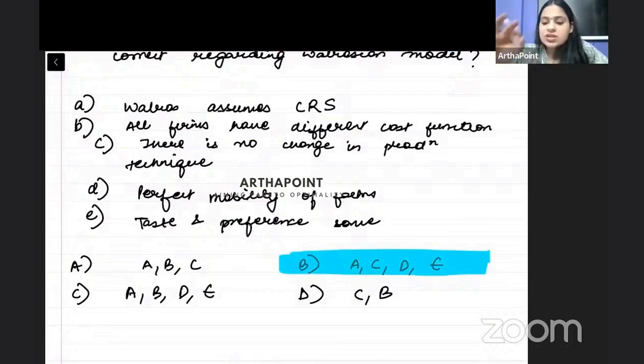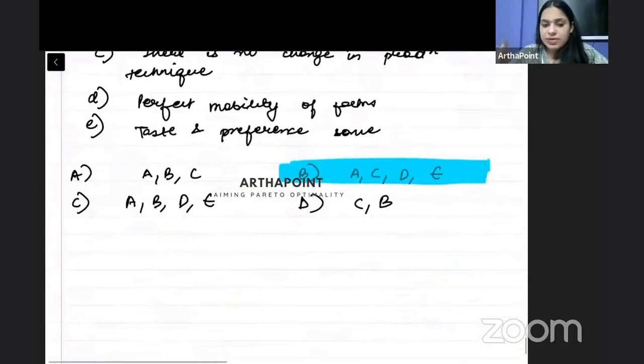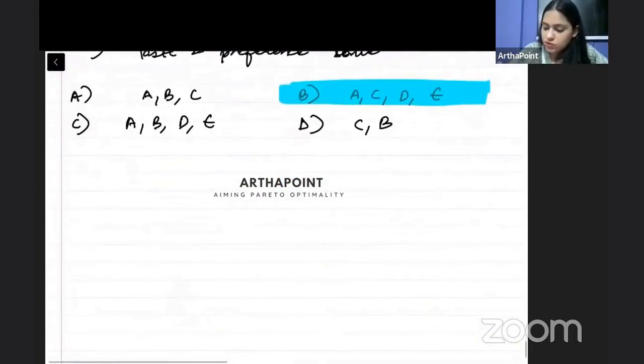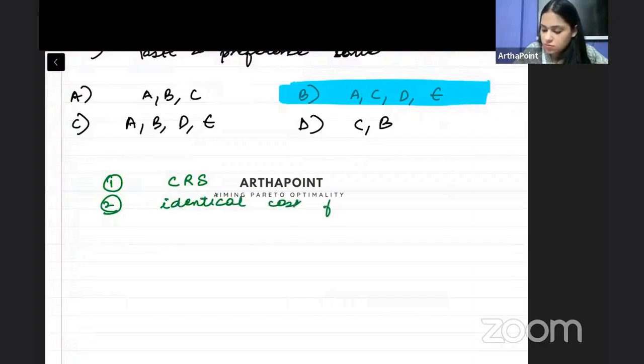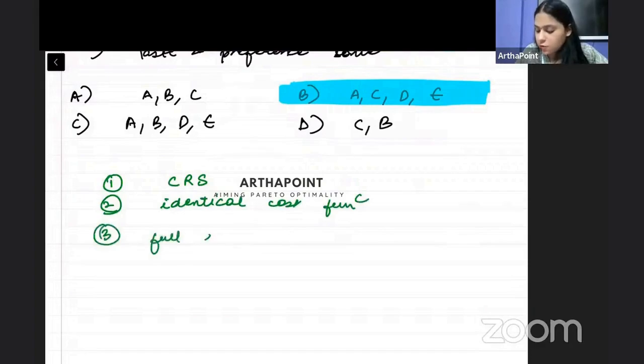But Walras model में हमारी क्या क्या assumptions हैं? Everybody please make a note of all the assumptions of the Walras model. First, you have constant returns to scale. Second, you have identical cost function. Cost function same होता है. Third, there is full employment of labor.